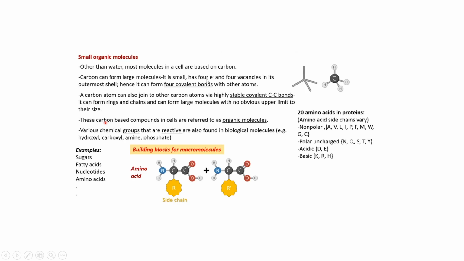Because there are four valence electrons in the outer shell of the carbon atom, it can make four bonds with the surrounding hydrogen atoms. So carbon makes four covalent bonds with carbon or hydrogen atoms.